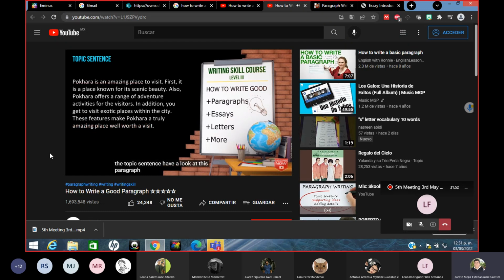Have a look at this paragraph now. It's about Pokhara. What is the topic sentence? Pokhara is an amazing place to visit. The rest of the sentences, which are the supporting sentences, must support why or how Pokhara is an amazing place to visit. In this paragraph, there are three supporting sentences.